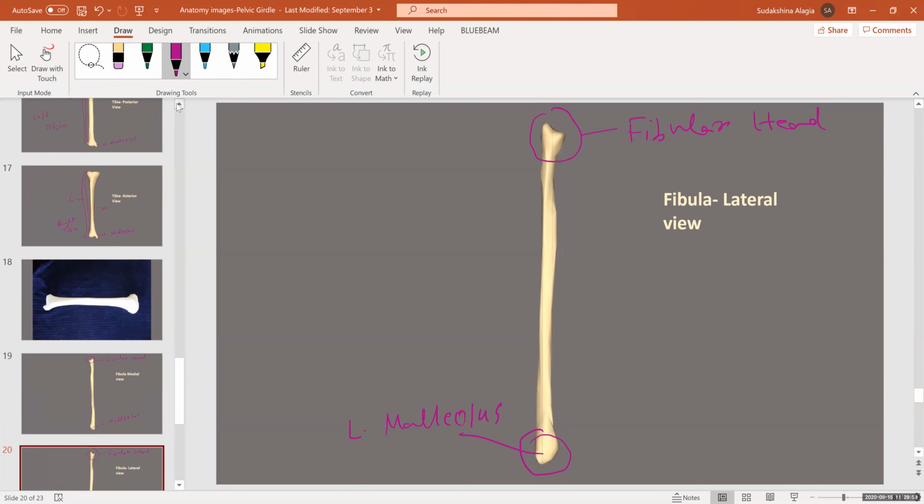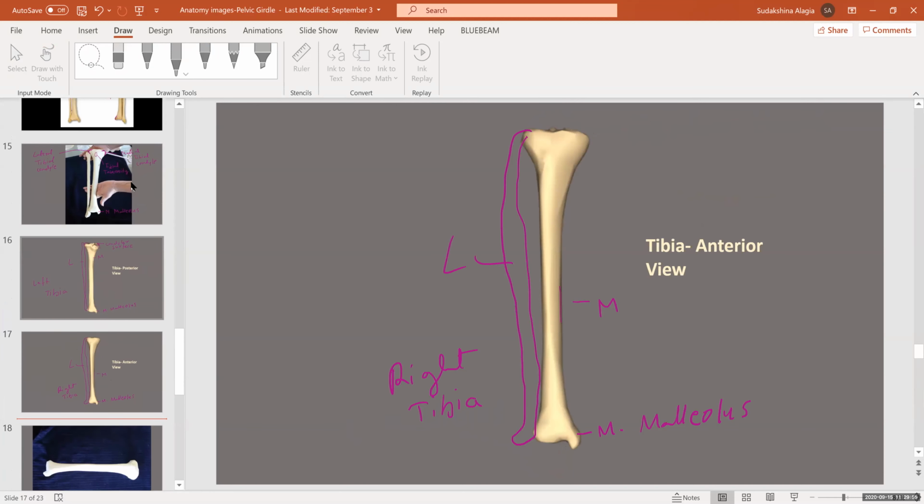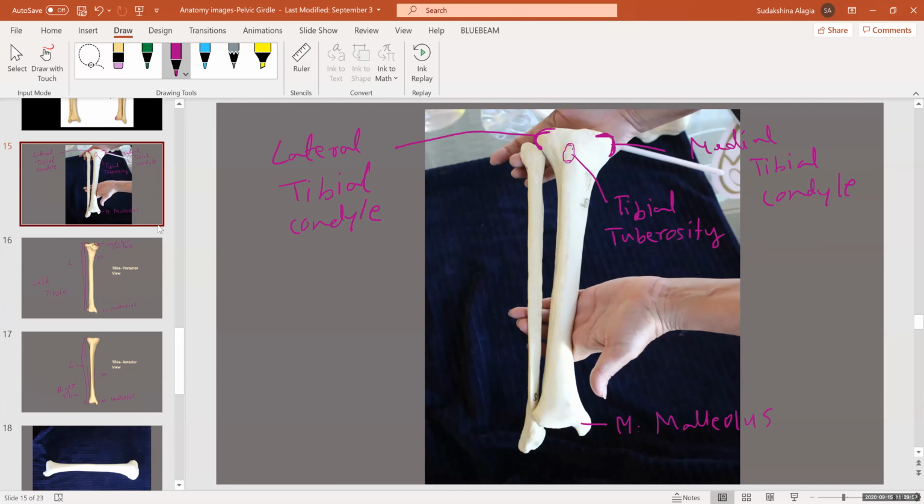And when it's together here, same here, you can see. Fibular head, obtuse, lateral malleolus.